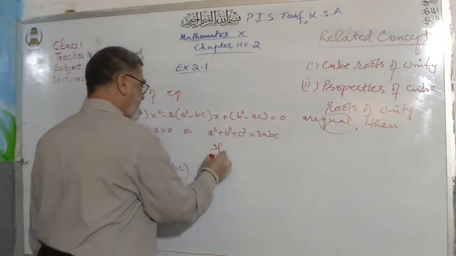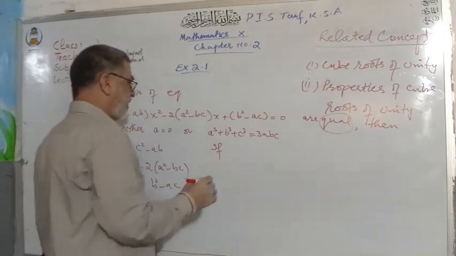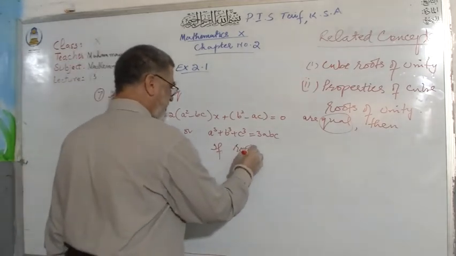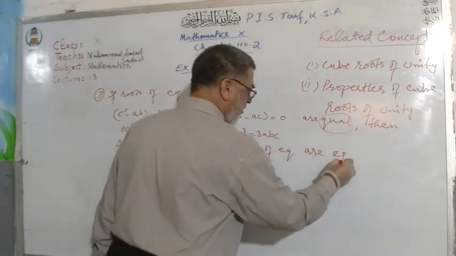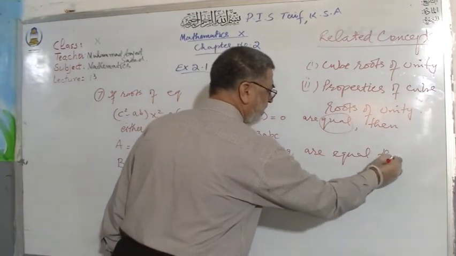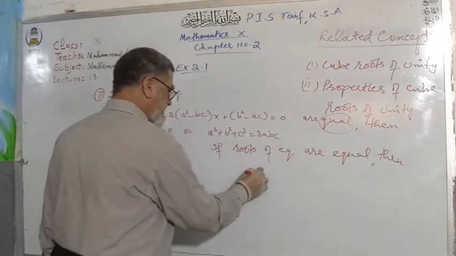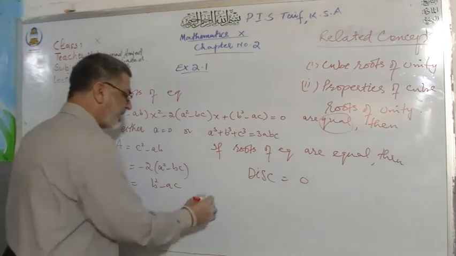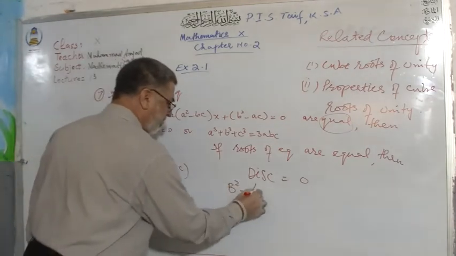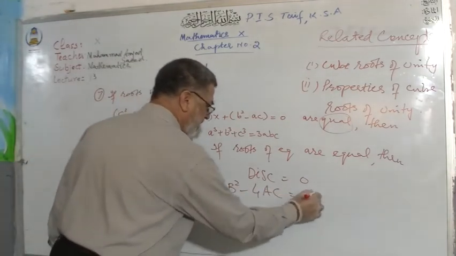Now we are using the result. If roots of equation are equal, then disc is equal to 0. That is, b square minus 4ac is equal to 0.